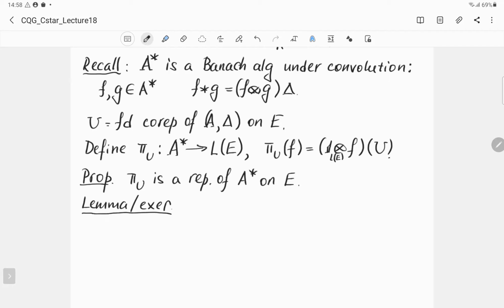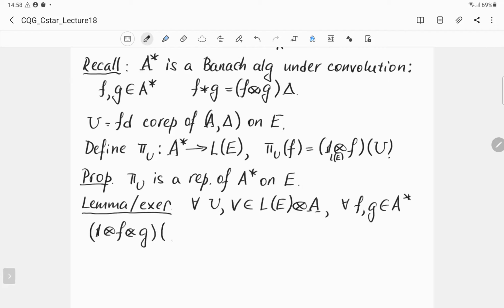So we have the following identity. For each pair of elements U and V in our tensor product of L of E by A, and for each pair of linear functionals f and g on A, we have the following identity: one tensor f tensor g applied to the product U12 V13 equals the product of two operators, one tensor f of U and one tensor g applied to V. The proof is absolutely straightforward.